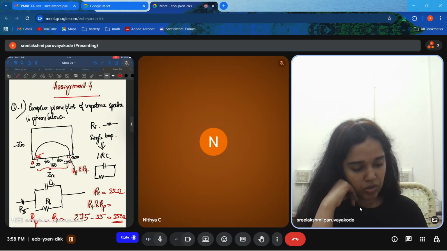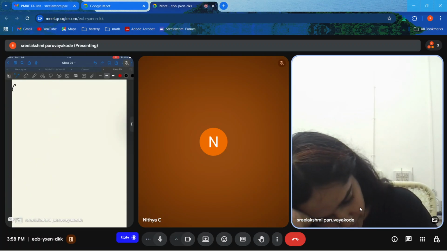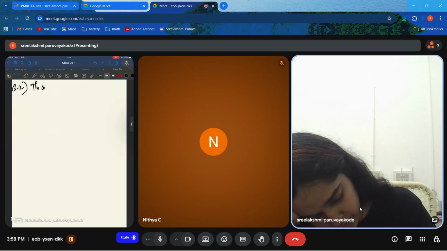Now let's move to the next question. The complex plane plot of the impedance spectrum is given below.